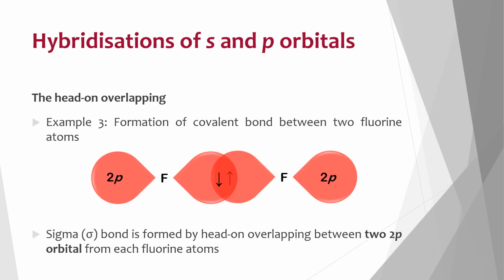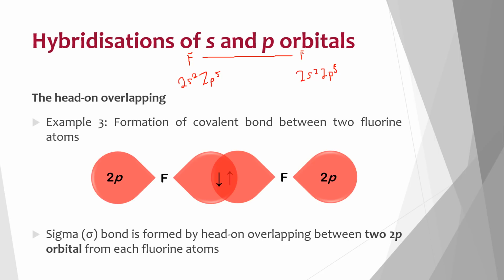Another example of the head-on overlapping of s and p orbitals is the formation of covalent bond between two fluorine atoms. You know that fluorine atom has the configuration of 2s2 and 2p5. So both of the fluorine atoms need one more electron so that they can achieve an octet configuration. So these both fluorine atoms will form a bond between each of them so that both can achieve an octet configuration.